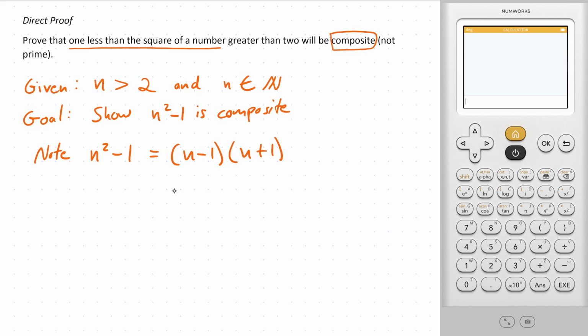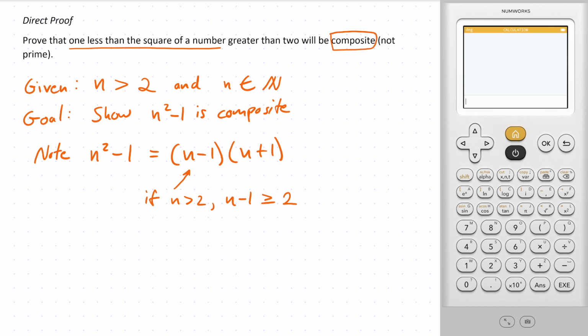Now we just have to observe, if n is greater than 2, n minus 1 will be greater than or equal to 2.